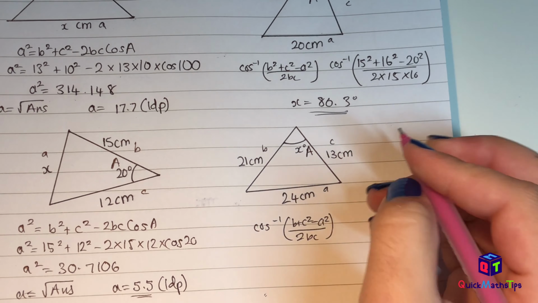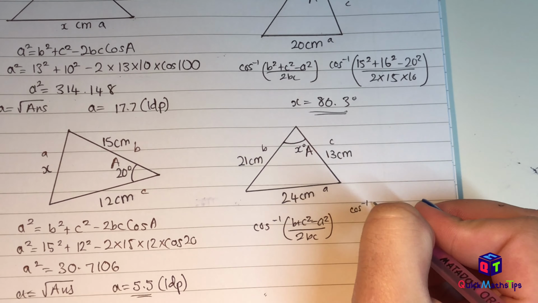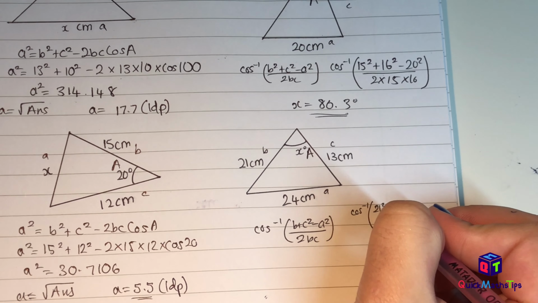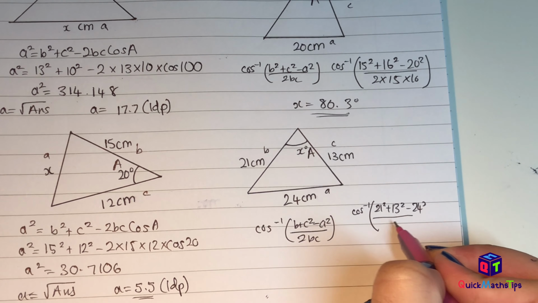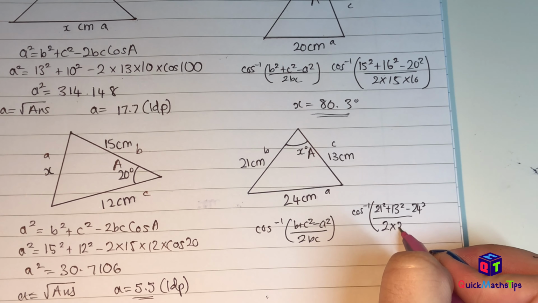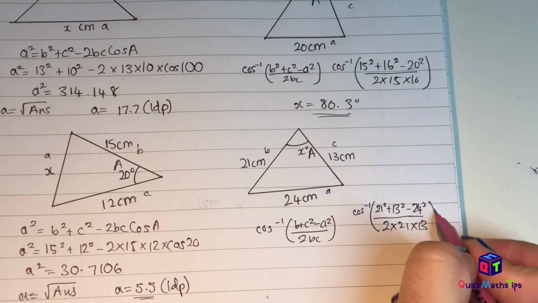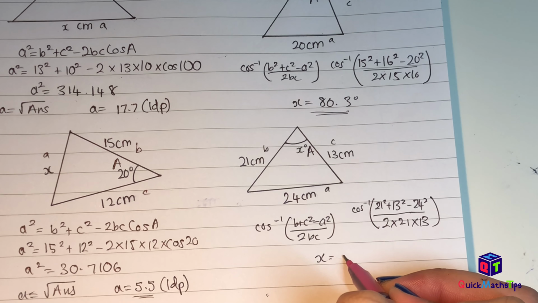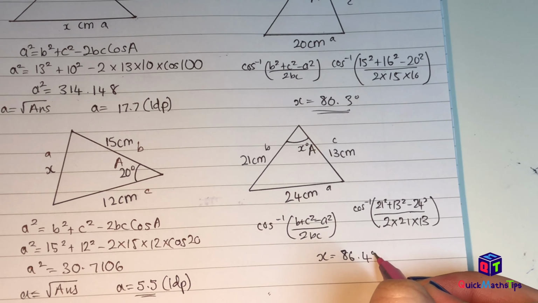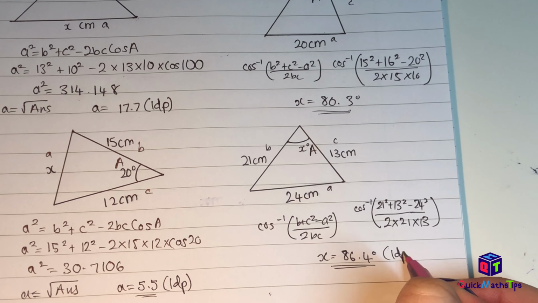I'm going to substitute my values in, so I'm going to do shift cosine, 21 squared plus 13 squared take away 24 squared, divided by 2 times 21 times 13. Plug this into my calculator, make sure I do shift cosine, and I should get 86.4 degrees to 1 decimal place.